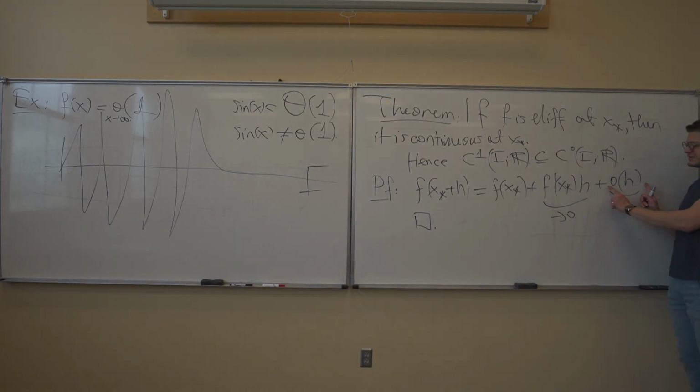The main thing here is understanding why this little o of h goes to 0 as h goes to 0. Okay? Little o of h, recall the definition, is something that decays faster than h decays as h goes to 0. Okay? In particular, it has to go to 0. This is the main thing to understand.